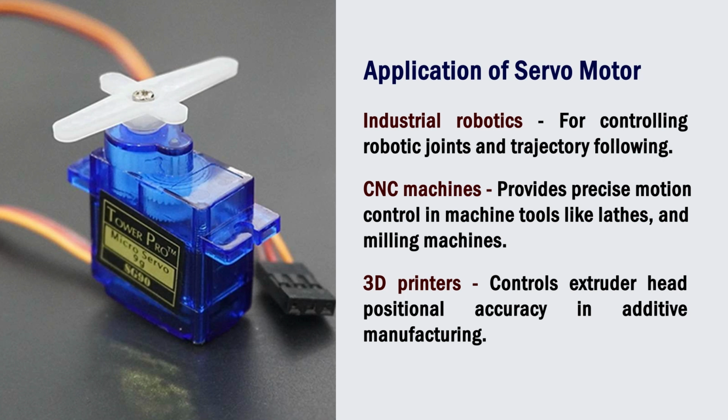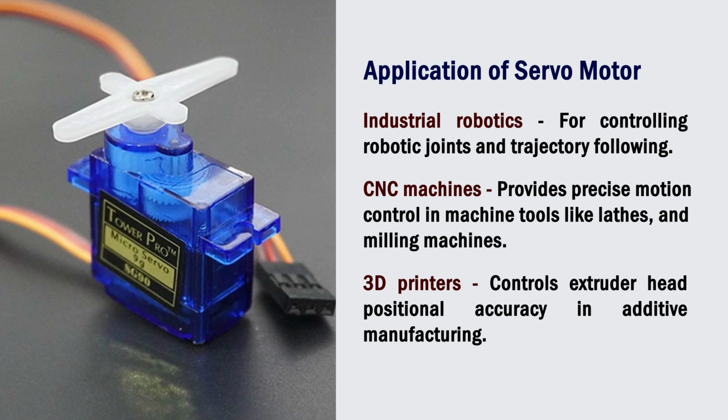The next application is with the CNC machines. They provide precise motion control in machine tools like lathes and milling machines. As we have seen in lathe machines or milling machines, a certain movement is required. So to control that motion in a certain direction, the servo motors are used. The next application of servo motors is in 3D printers.